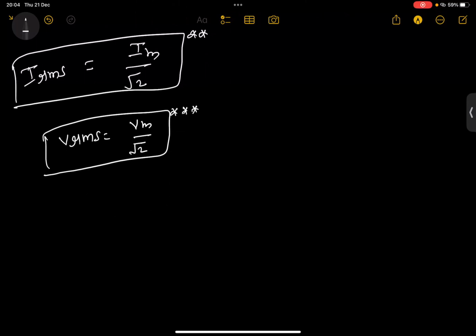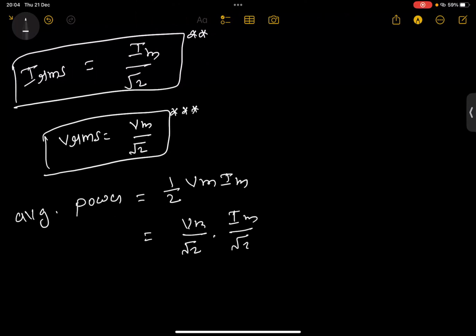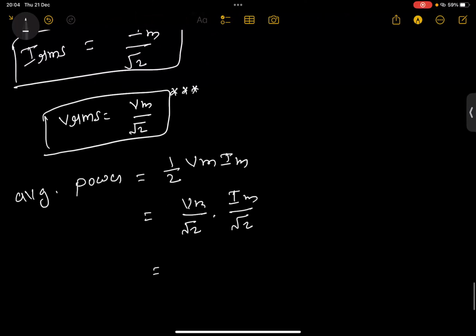As you know, average power is 1 by 2 Vm Im. We already derived this. So you can replace Vm by root 2 VRMS and Im by root 2 IRMS.